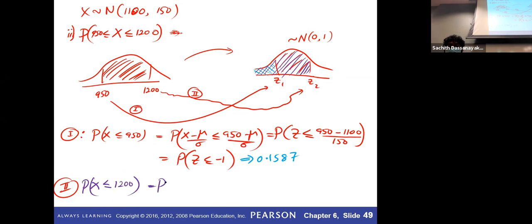This means again X minus mu divided by sigma less than or equal 1200 minus mu, now this much, divided by 150. I don't need to replace these values right here. It's anyway C. So no need to worry about that. This is 100 divided by 150.